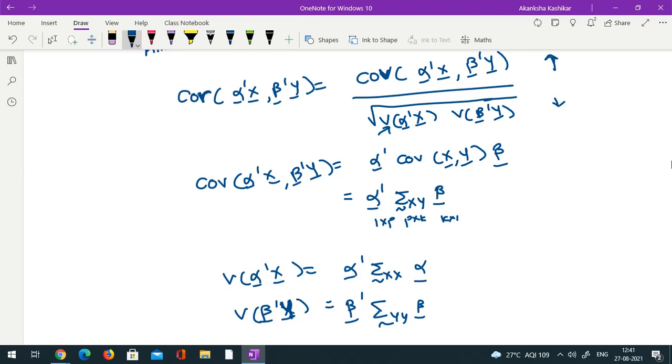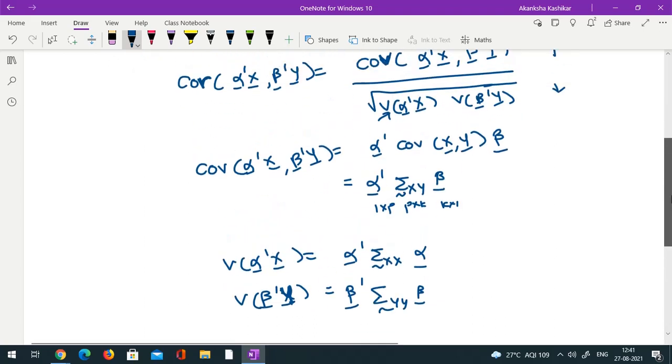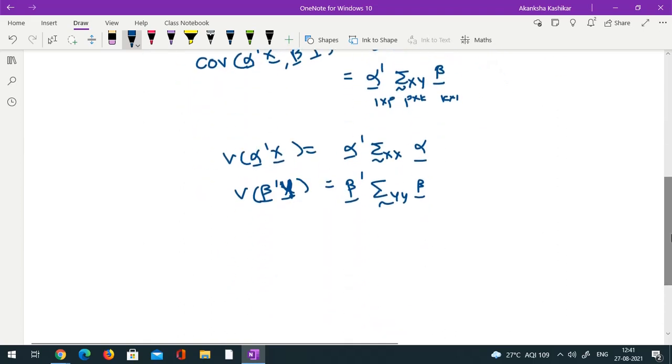So overall, maximizing the ratio when the same quantity is present in both numerator and denominator is difficult because that quantity is going to pull your ratio in both directions. Okay. So what we'll do is, for the sake of mathematical derivation, we will put conditions or constraints on alpha and beta.